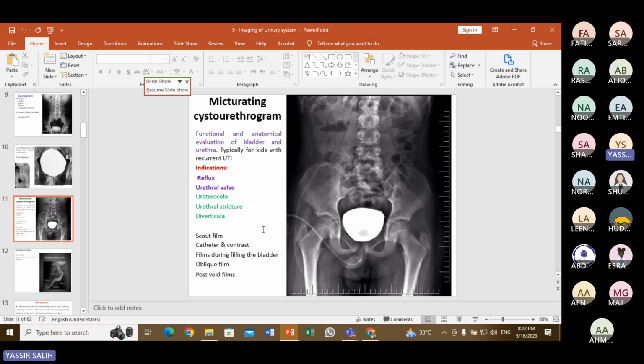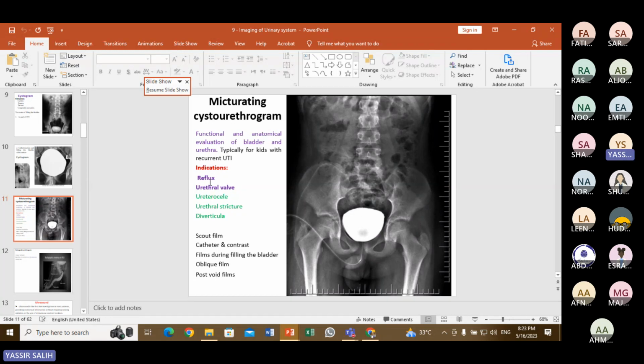Function and also anatomy of the bladder and urethra, not the kidney. لأنه نحن نعطي الكونتراست ما بيمشي للكدني. So it can assess the function and anatomy of the urinary bladder and the urethra.